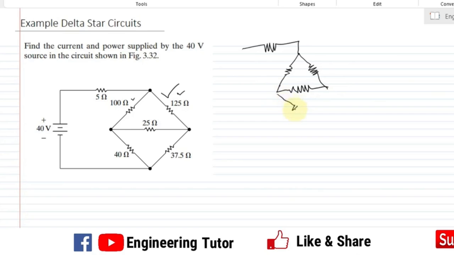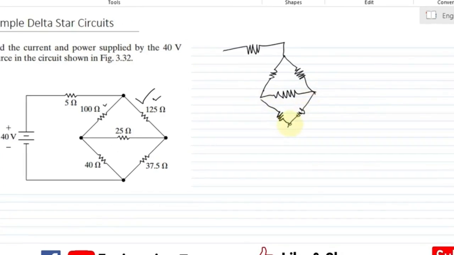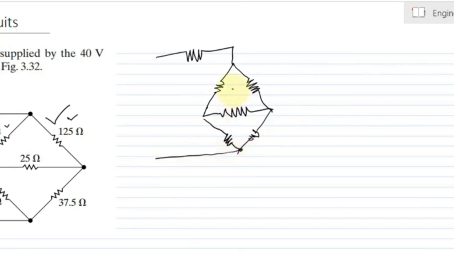This is 5 ohm, this is 100 ohm, this is 125 ohm, this is 25, this is 37.5, and similarly 40, and these are connected with a 40 volt source.